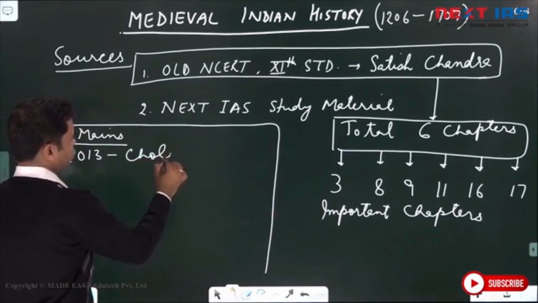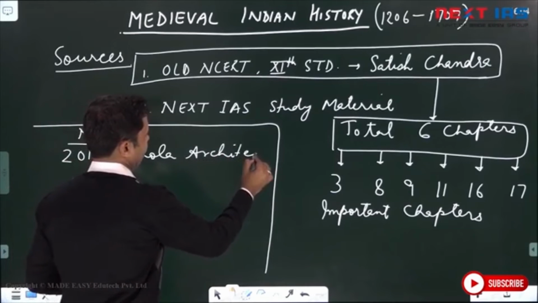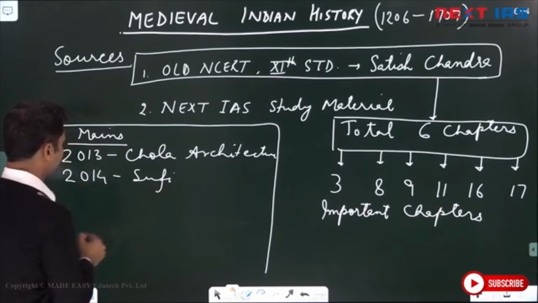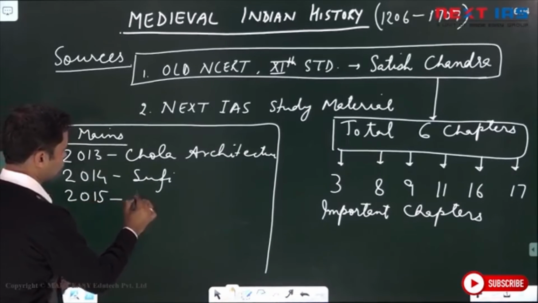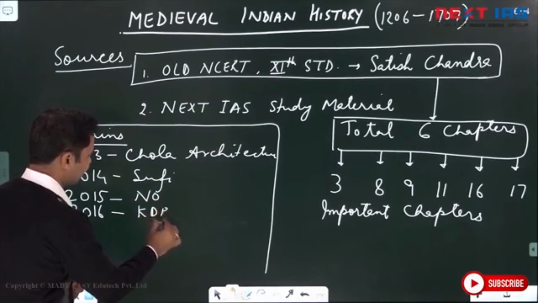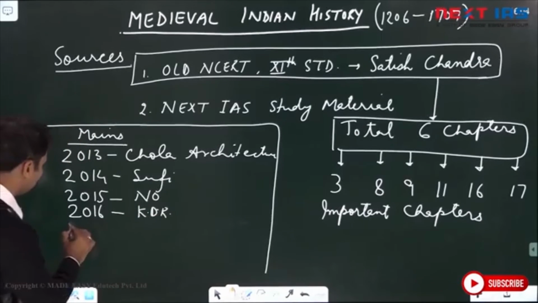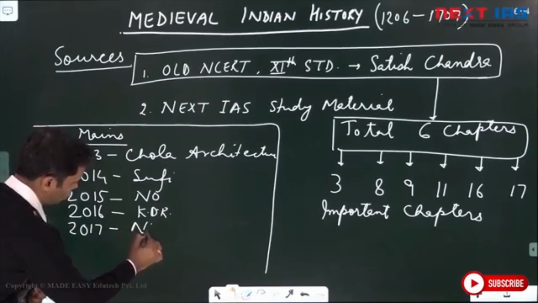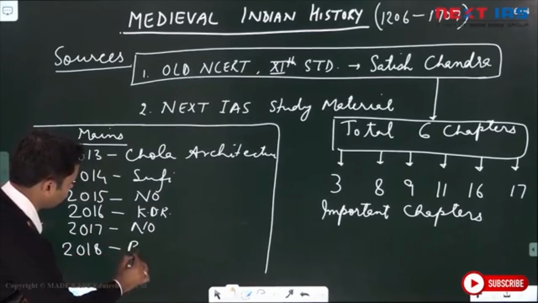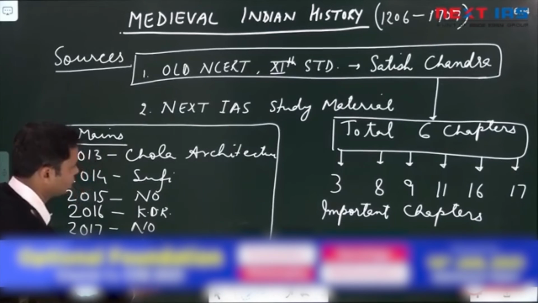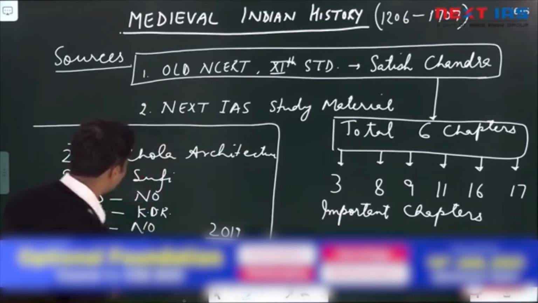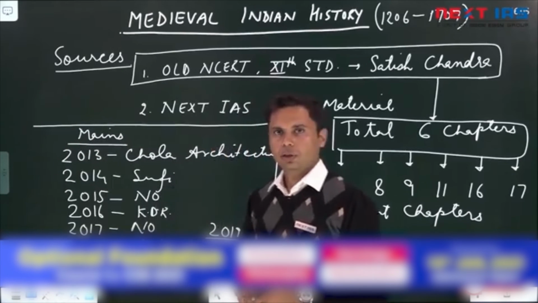It was about the Chola architecture. 2014, there was a question on Sufi movement. 2015, no question. 2016, there was a question on Krishna Dev Rai of the Vijayanagar. 2017, no question. 2018, again a question on Bhakti movement. And last year, 2019, no question.